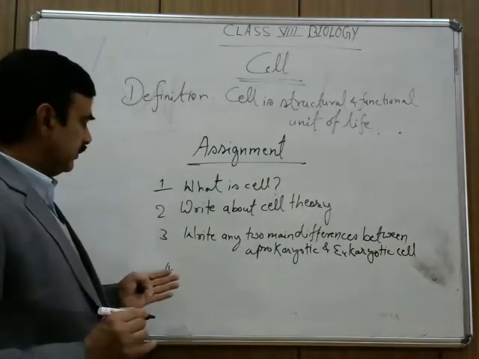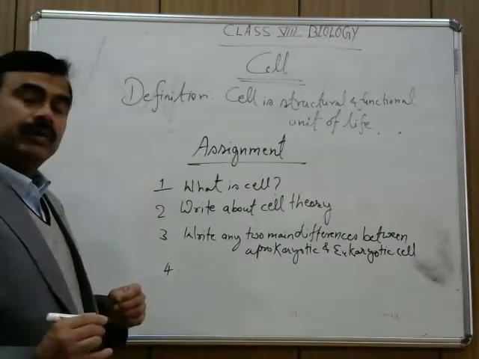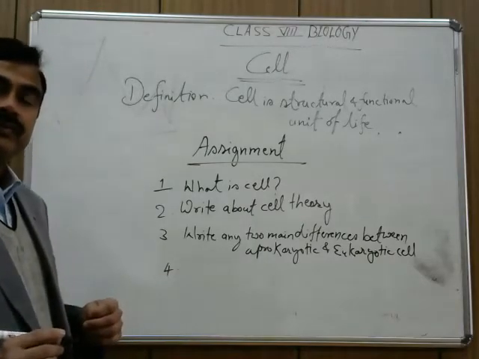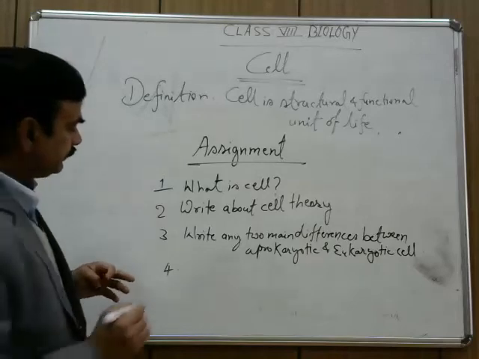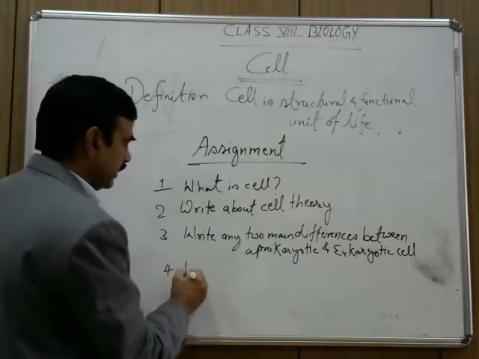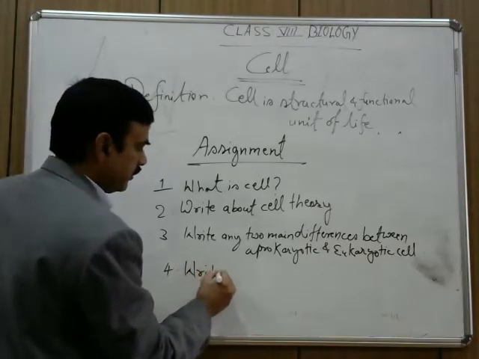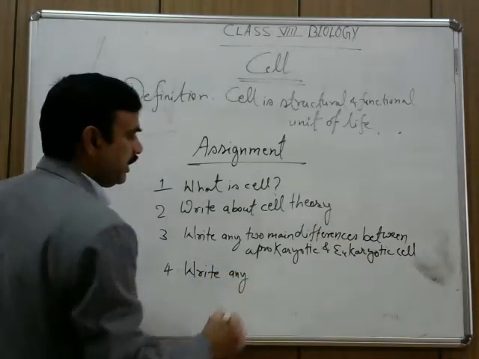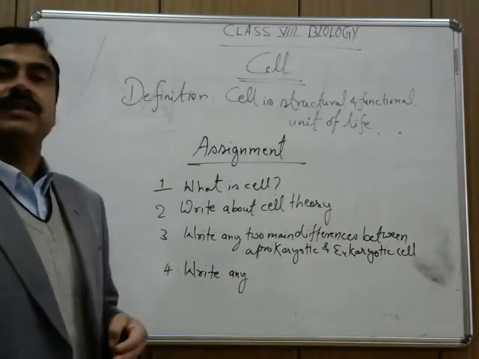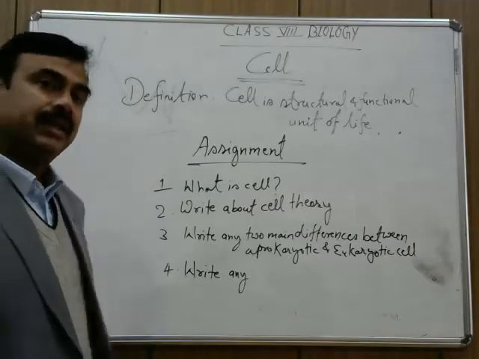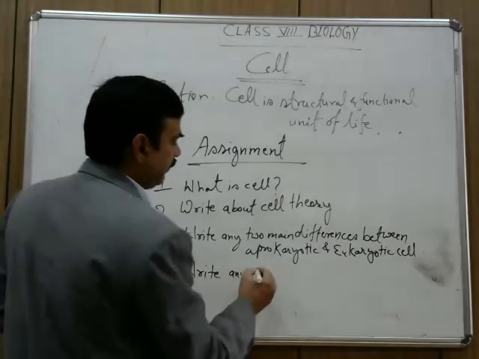And the fourth one, you have to write, mention any 5 differences between a plant cell and animal cell.